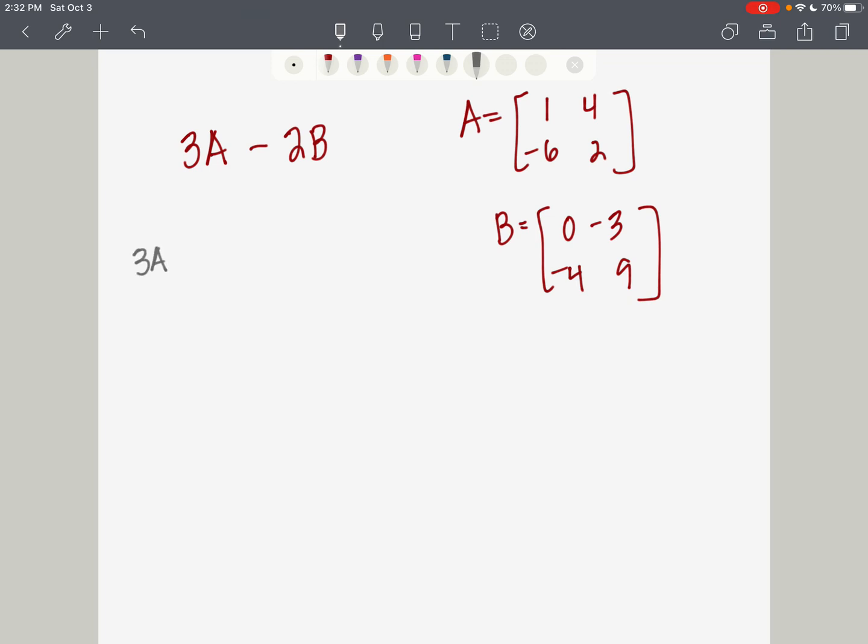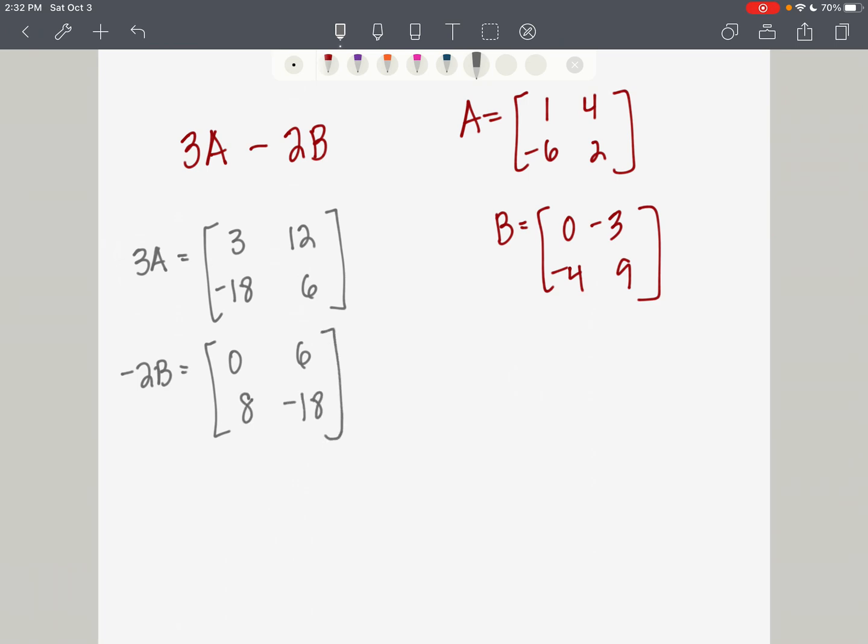First thing I'm going to do is say, what's 3A equal to? 3A is equal to 3, 12, negative 18, and 6. Then I'm going to say, what's negative 2B equal to? Well, negative 2B is 0, 6, 8, and negative 18. And 3A minus 2B is the same thing as 3A plus negative 2B.